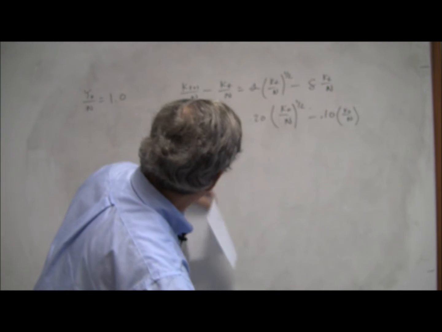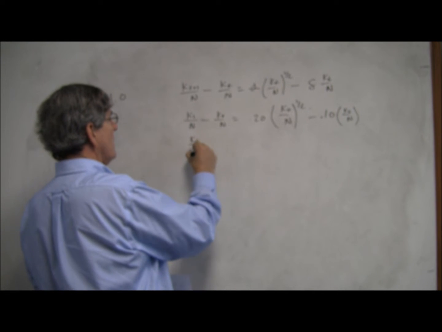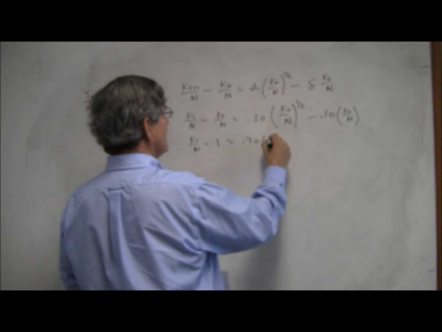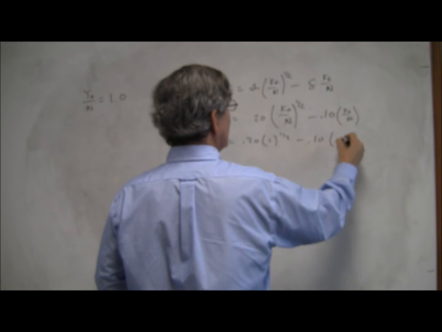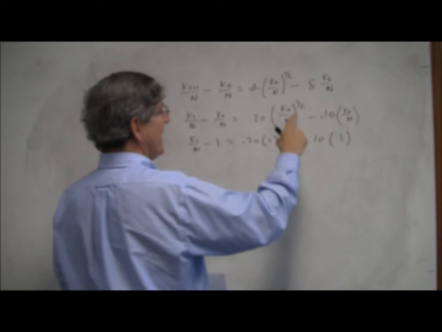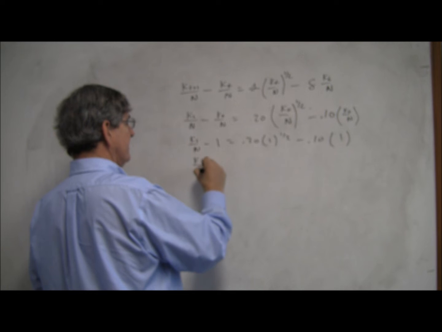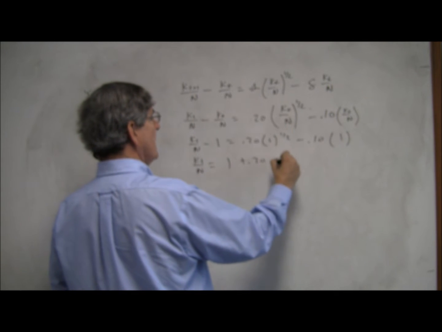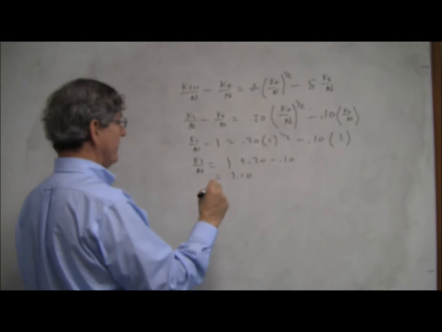So k over n is 1 in this. This tells us we want to know what k1 over n is. We know what k0 is, so k1 over n minus 1 is 0.20 times 1 to the 1/2 minus 0.10 times 1, because k over n is 1. So k1 over n is equal to 1 plus 0.2 minus 0.1, so it's 1.10.